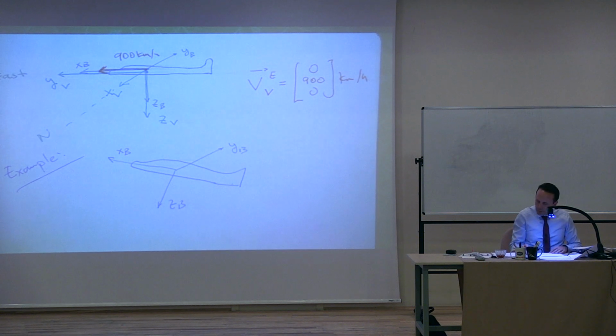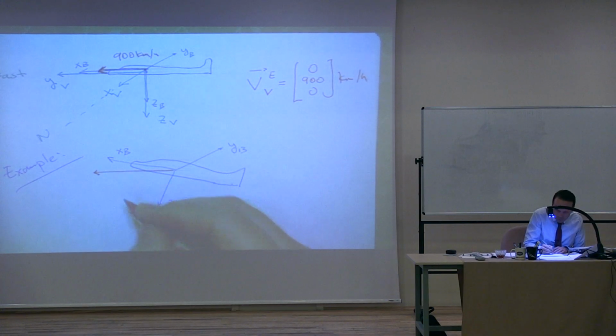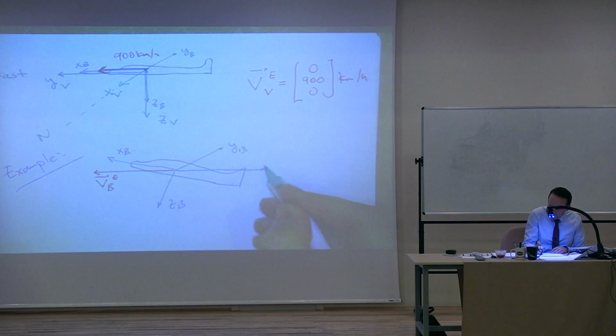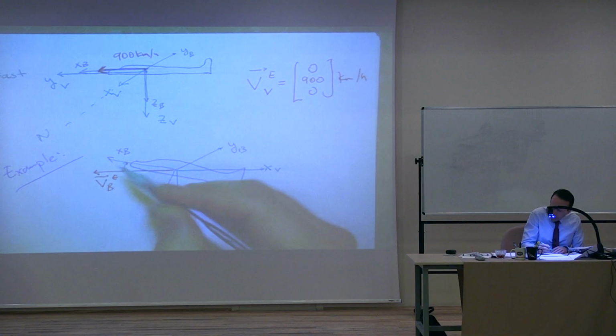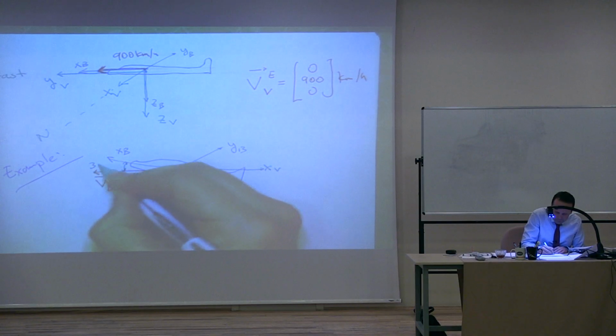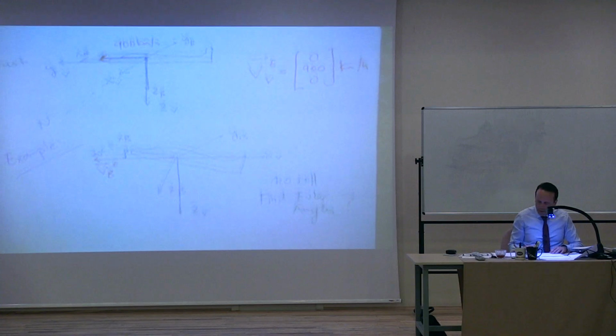And I could tell you the airplane has this velocity, v body, and I tell you this is XV and this is ZV, and I tell you this angle is 30 degrees. And I tell you no roll. So, find Euler angles. What are the Euler angles?